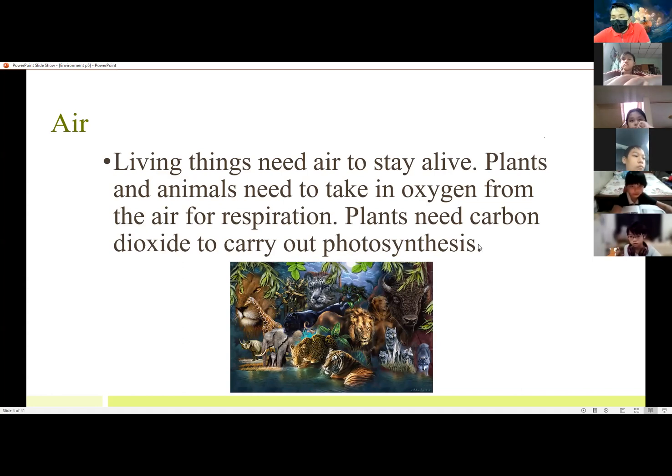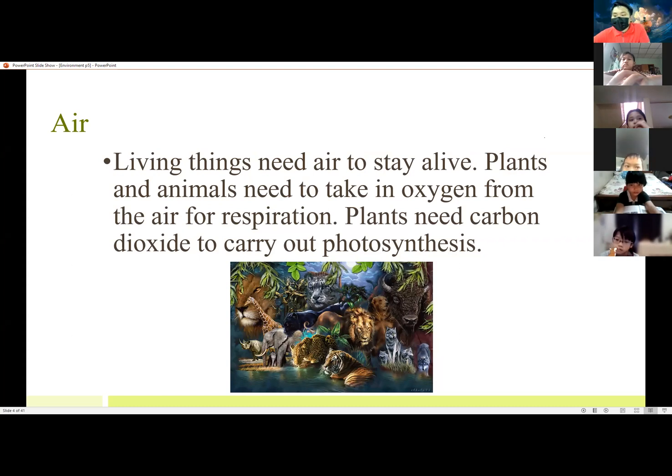So all living things need air to stay alive, like us humans. We need air so that we can breathe. Same like the animals. While the plants, they don't need oxygen. They need what? Carbon dioxide.